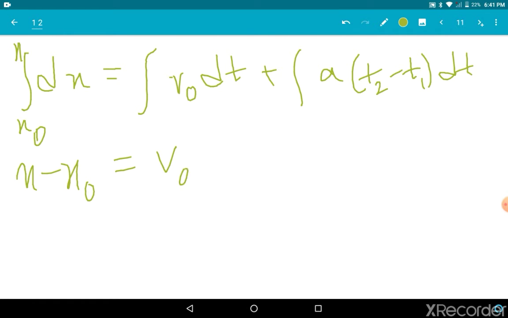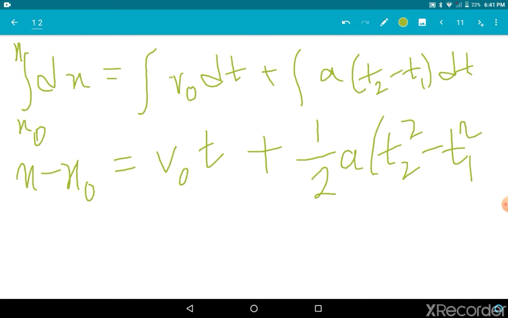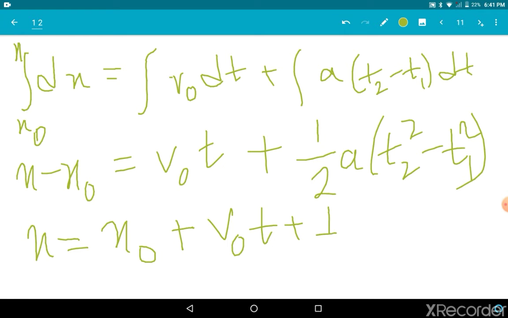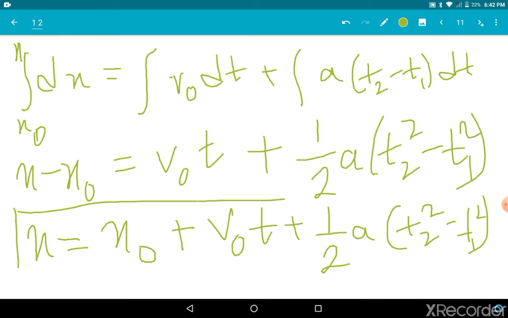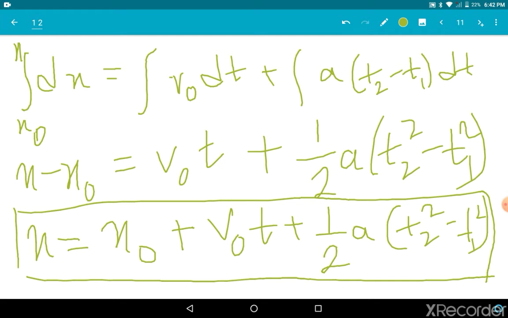So this is constant, v0 t, plus half a times (t2 squared minus t1 squared). Then x is equal to x0 plus v0 t plus half a (t2 squared minus t1 squared). This is the second law, not law actually, the second equation of motion. Very important again.